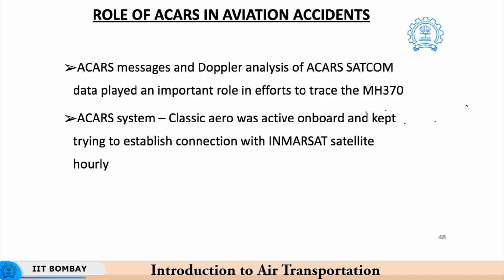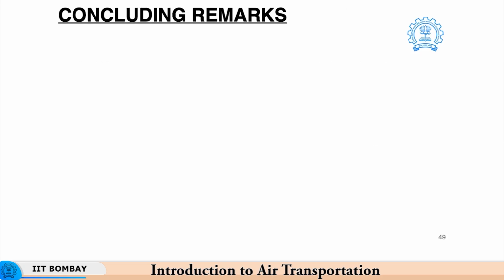In fact, this particular communication between the ACARS and the satellite system was very crucial in finding the end location of the MH370 aircraft, and based on this itself, the investigators were able to find the final radius within which the MH370 could have actually crashed. So in a way we can say that the ACARS system is a very important tool that is being implemented by the aviation industry to carry out efficient CNS operation throughout the globe.